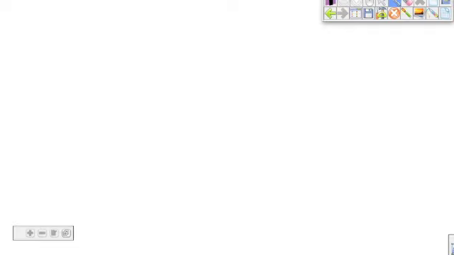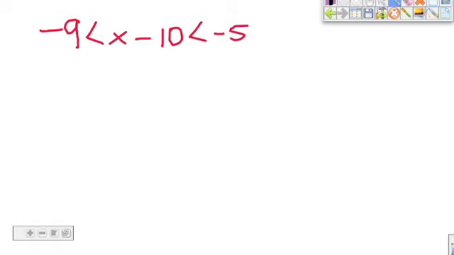All right, I have -9 less than x minus 10 less than -5. Again, our goal is always to get the variable by itself. Right now, it's being subtracted by 10. So the inverse operation of -10 would be to have it as a positive 10, or add 10.